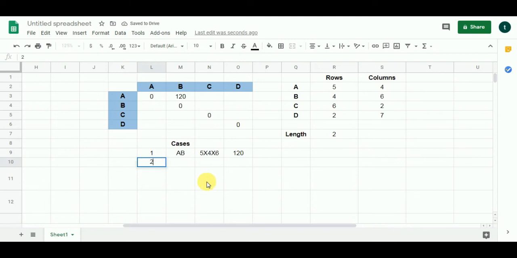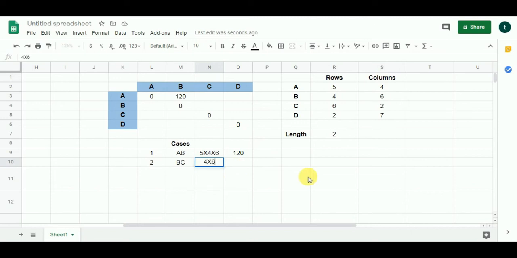Now let me work on the second subproblem. I know it's going to be B and C. If you guessed it correctly, then you are welcome to put it down in comments. Now working on B and C, what is going to be the value? It is going to be 4 into 6 into 2.